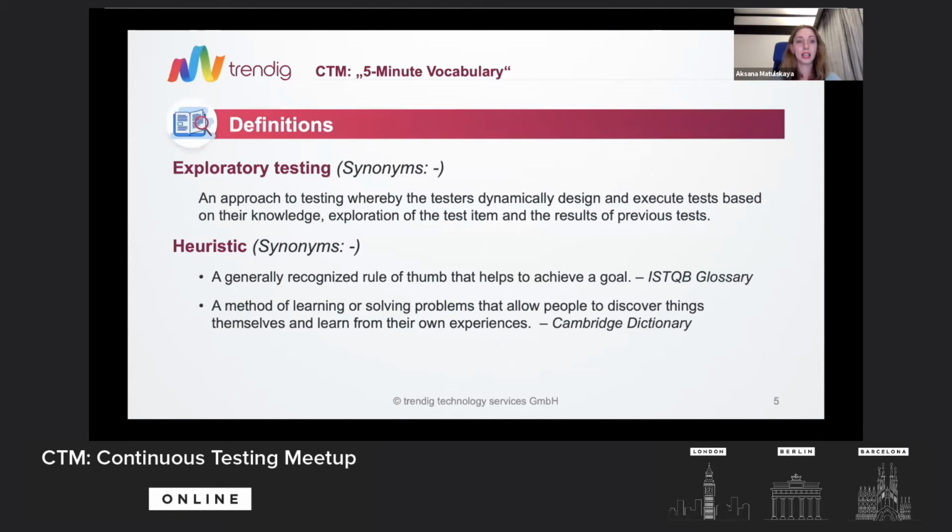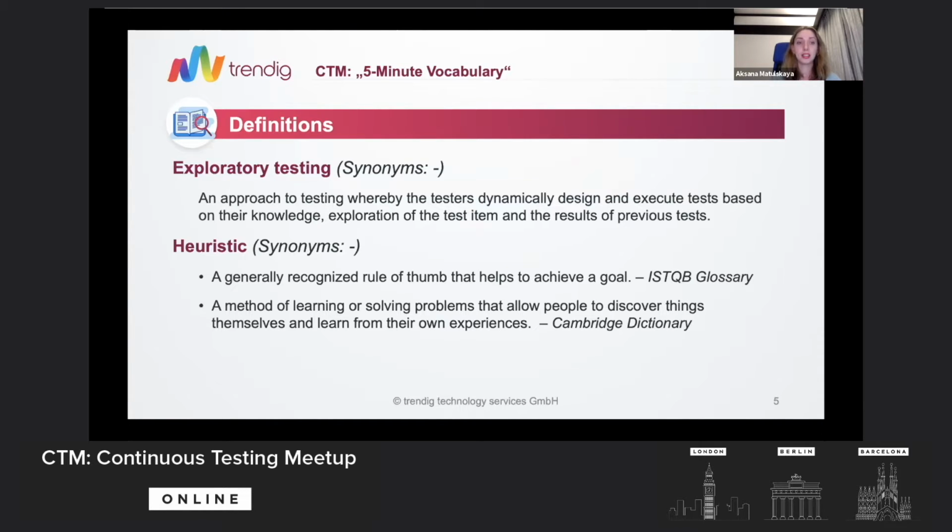As always, let's start with definitions. At first, a general definition of exploratory testing. It is an approach to testing whereby the testers dynamically design and execute tests based on their knowledge, exploration of the test item, and the results of previous tests.